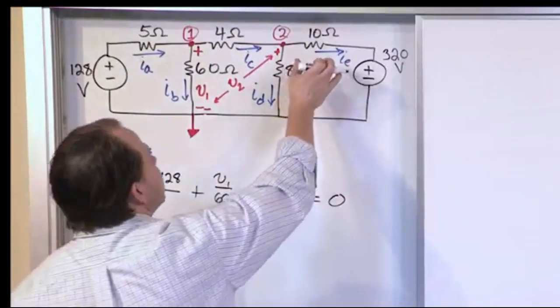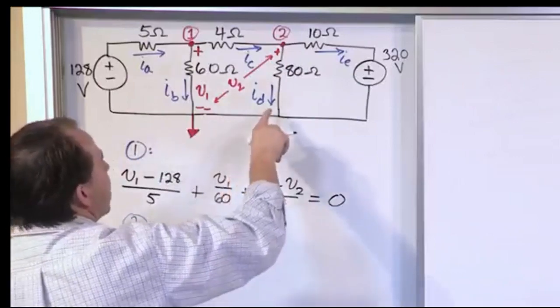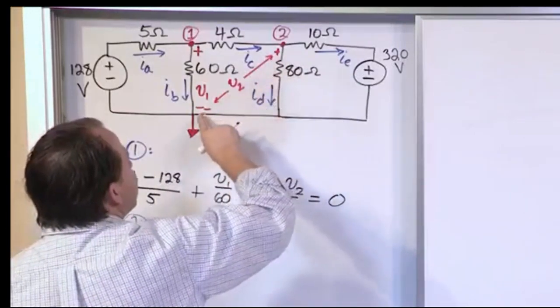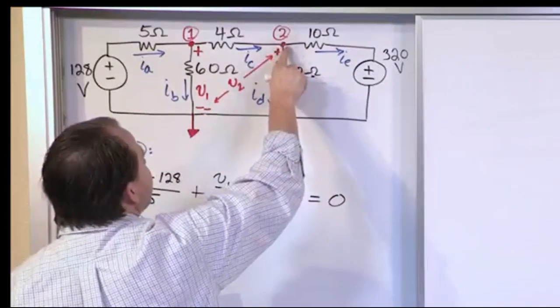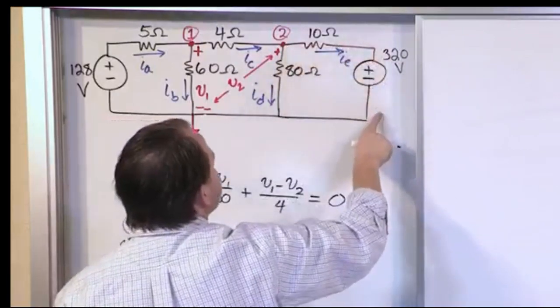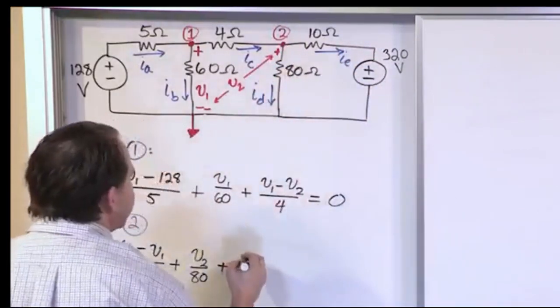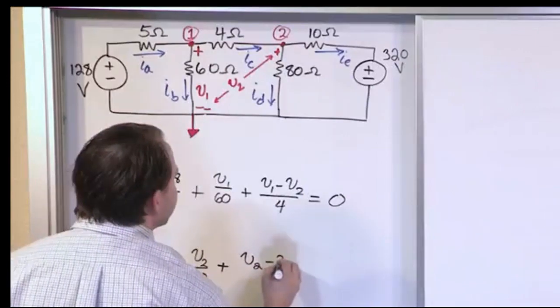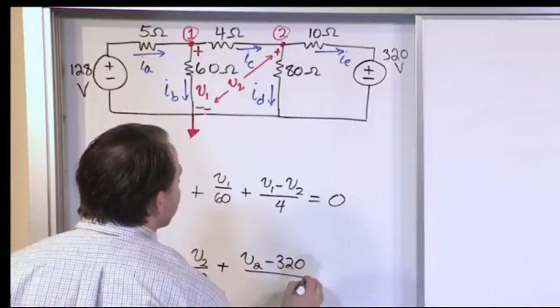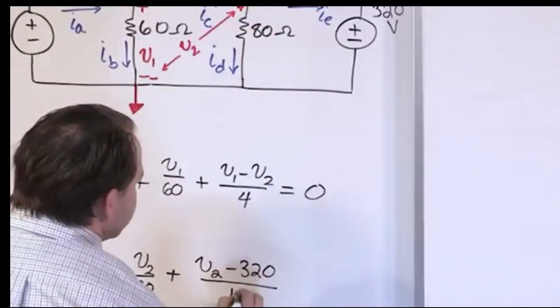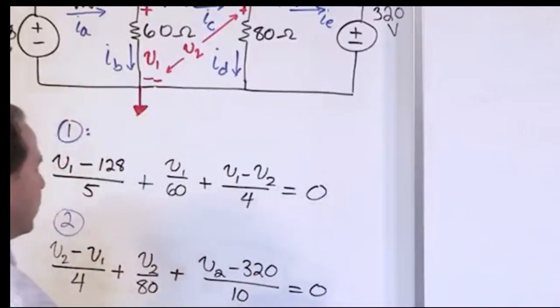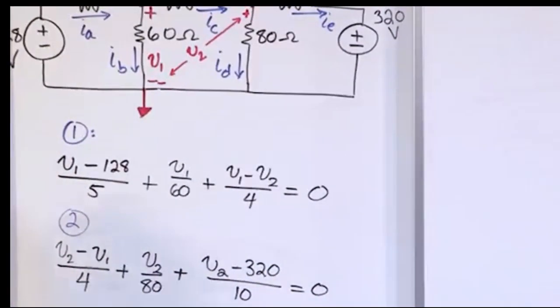Now, what is the current through this guy? Well, again, we go up to our reference node, V2 minus this voltage, that's going to give me the voltage across here. V2 minus 320 over R, which is 10. And that's equal to 0. So make sure you understand that.